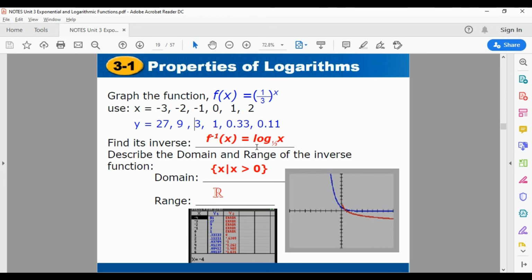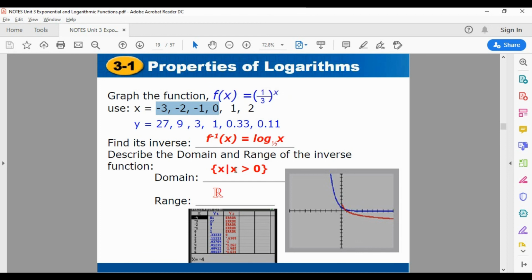When finding its inverse, remember we keep the base the same. I'm marking the independent value as x. In this case, notice that when you plug in any of the numbers that are exactly 0 or less, we're getting an error.